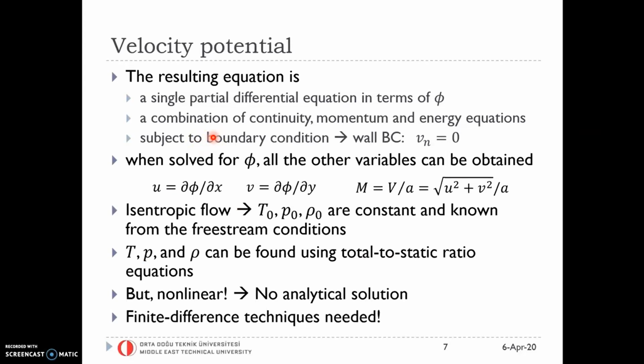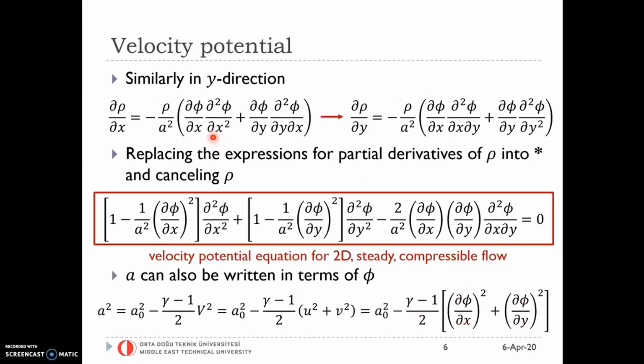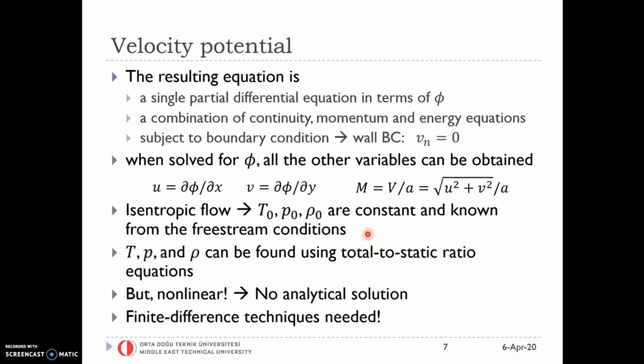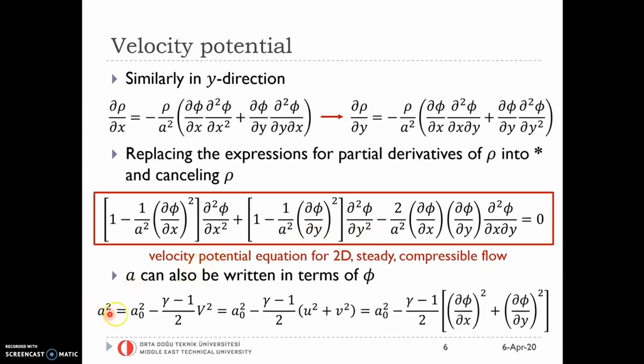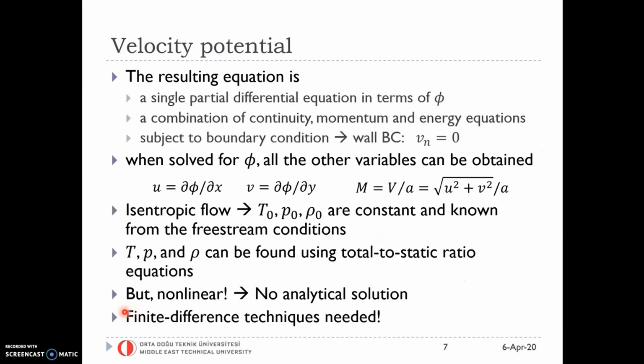You don't need to solve these equations separately. Once you solve the equation given on this slide, together with this a square, a0 square relation, it means that you satisfy all conservation of continuity, momentum, and energy equations.